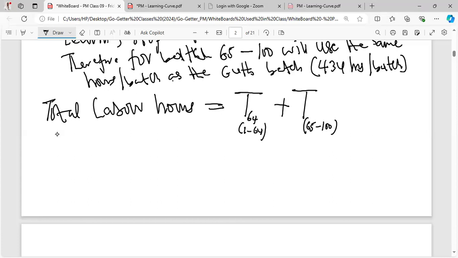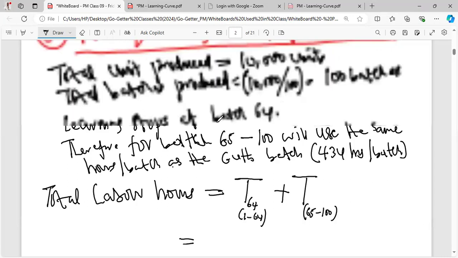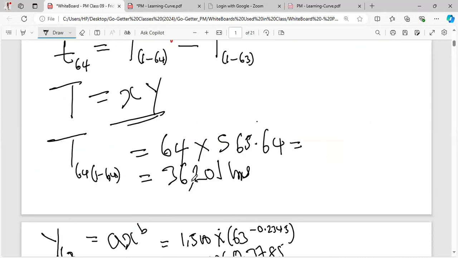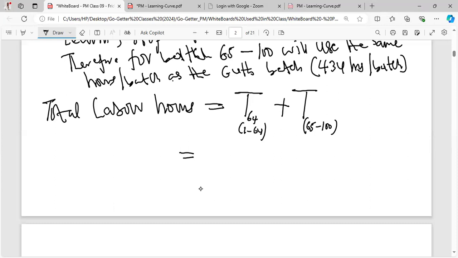By the way, how many batches are here? From 65 to 100 is 36 batches. So T 1 to 64 has been gotten before, 36,201.